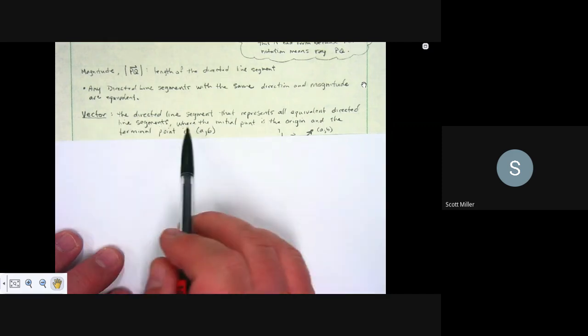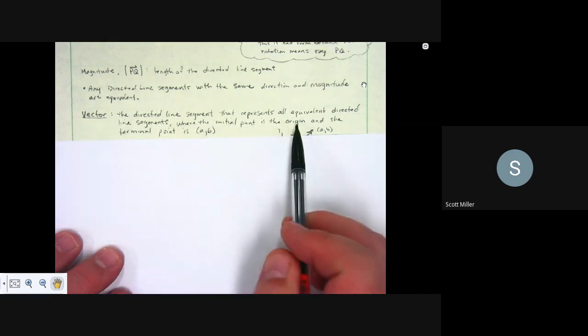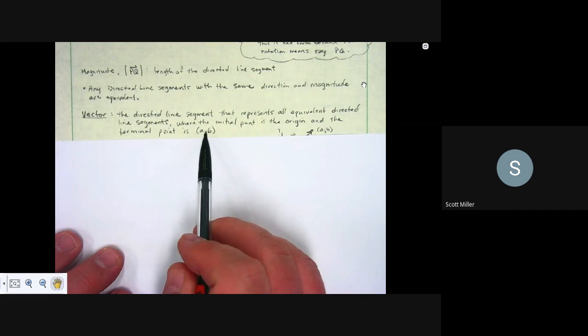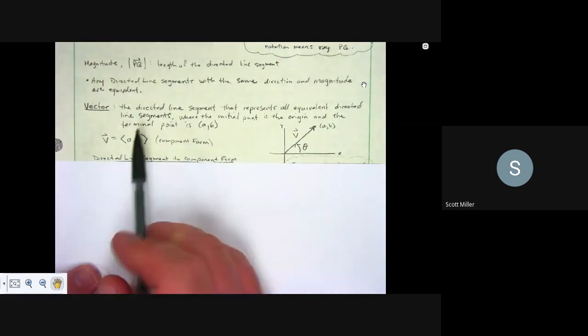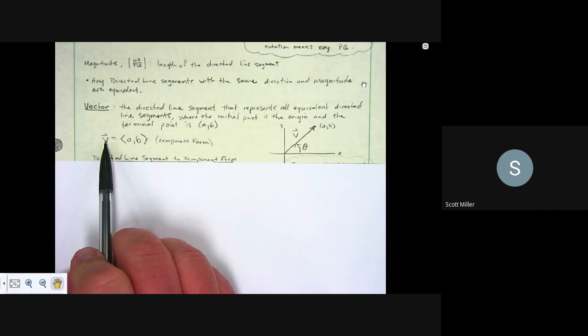Good. Okay, so where the initial point is at the origin and the terminal point is at some value AB. So vector V, to indicate it as a vector, instead of saying AB is a point with curvy brackets, we use these little pointy brackets.